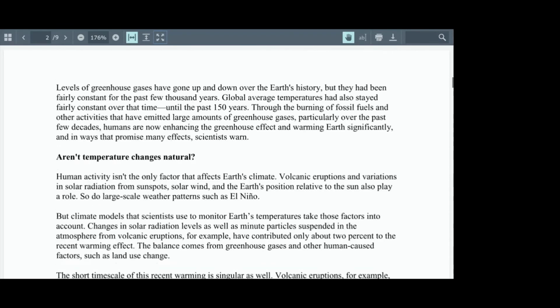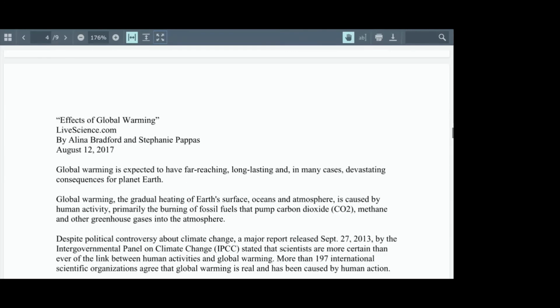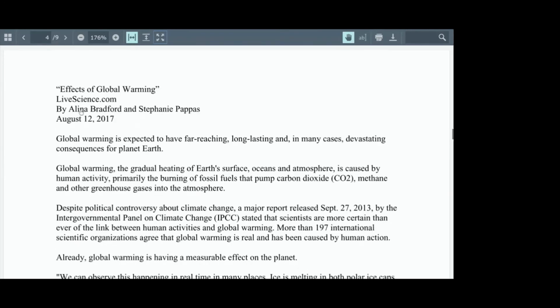I think the first 3 pages are the Nunez article. Then we get to page 4. Oh, this is where we have those 2 sneaky authors, right? Both Alina Bradford and Stephanie Pappas wrote this article from Live Science called Effects of Global Warming. So we need to use both Bradford and Pappas in our citation.